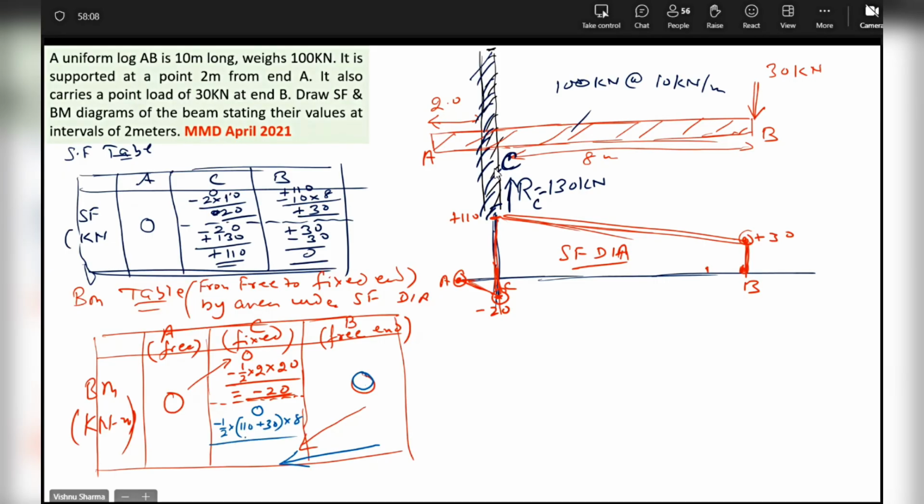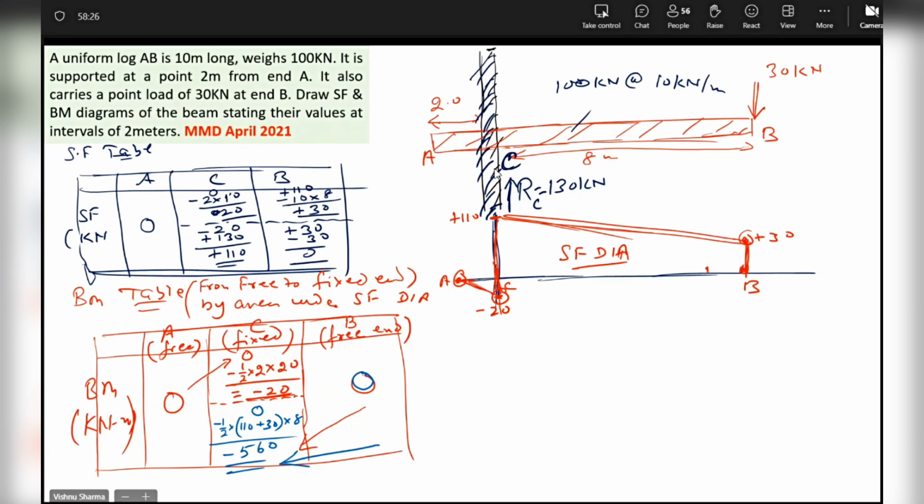So this becomes 140, 70 minus 560 if I'm not mistaken. Can you check it, beta? Yes or no? Yes, sir.